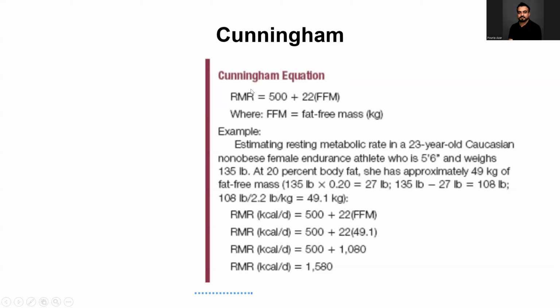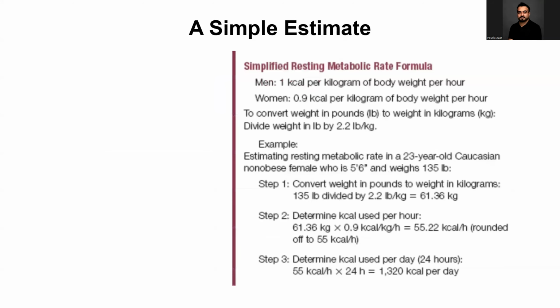So we can use this formula here, 500 plus 22 multiplied by fat-free mass in kilogram, or 500 plus 22 times, inside the parentheses, body weight in kilogram multiplied by fat-free mass percentage. For the Cunningham, we have to have body composition and fat-free mass. Otherwise, we cannot use this equation.